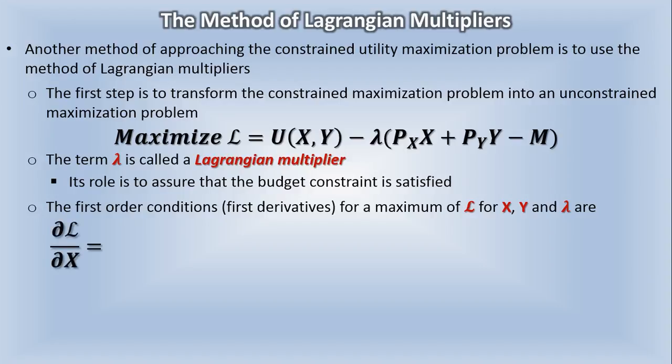So the partial with respect to x is going to equal the partial of u, the marginal utility of u with respect to x, minus, so there's only one term here with x in it, so minus lambda px x. So the derivative of this with respect to x is going to equal what? So you have negative lambda px x.